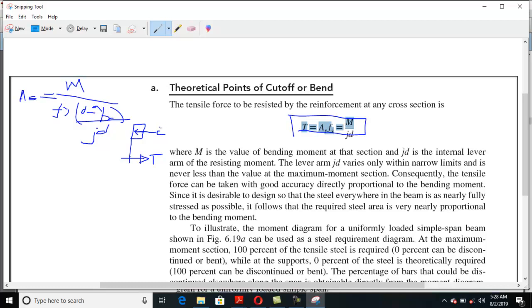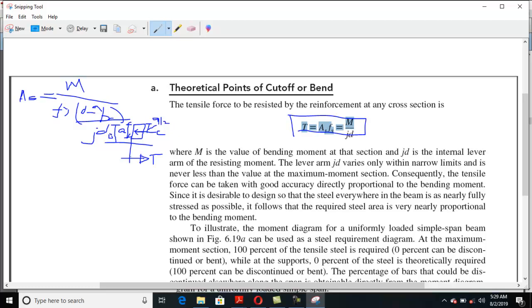This compression acts at a distance of a over 2, and this whole thickness is a. The distance from the neutral axis to the centroid is known as c.